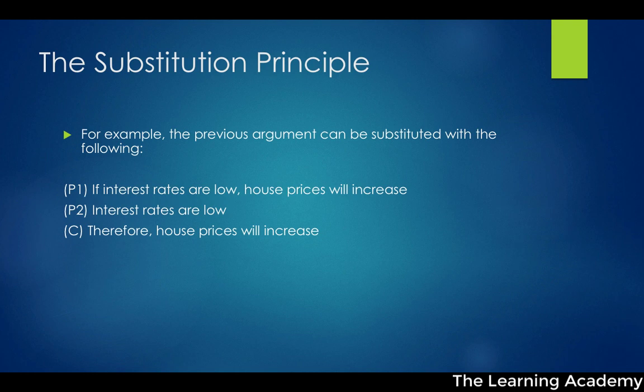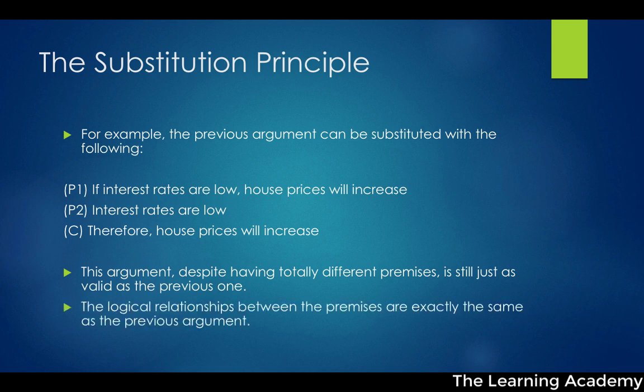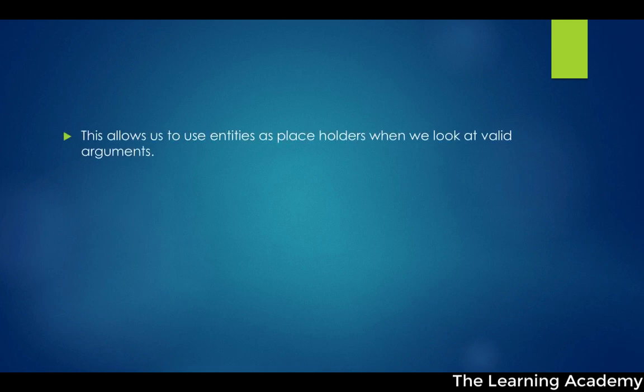In the previous example, we were talking about whether or not it was raining and whether or not we could take an umbrella. And in this example, we're talking about if interest rates are low, then house prices will increase. The same exact principle applies. We have substituted the contents of the premise. Despite having totally different premises, it is still just as valid as the previous one for the same reason. They have the exact same logical relationships.